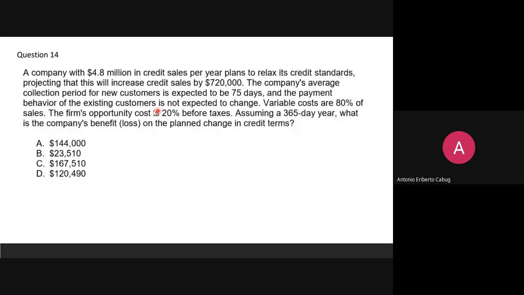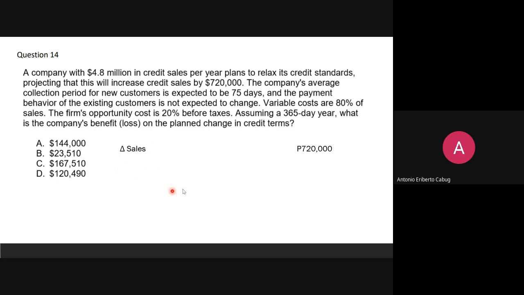Payment behavior of existing customers is not expected to change. So, yung changes lang, itong increase in credit sales. Tapos ito yung DSO nila. Variable costs are 80% of the sales. The firm's opportunity cost is 20% before taxes. Assuming a 365-day year, what is the company's benefit or loss on the planned change in credit terms?